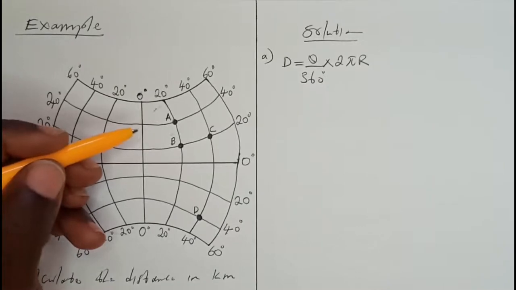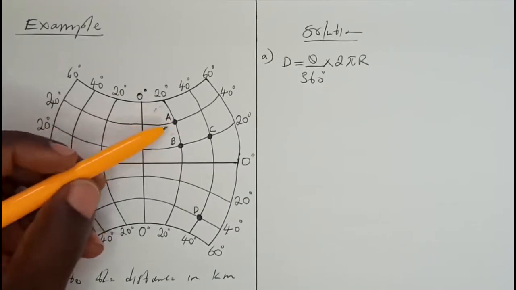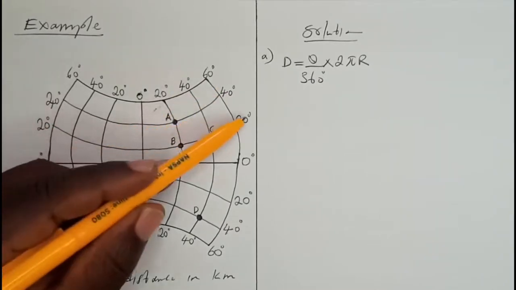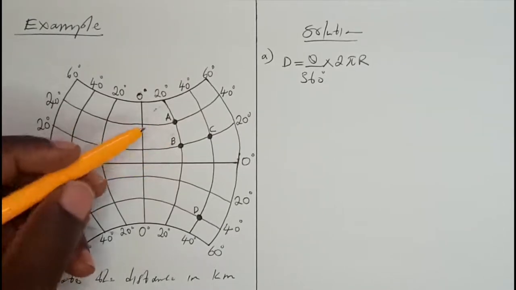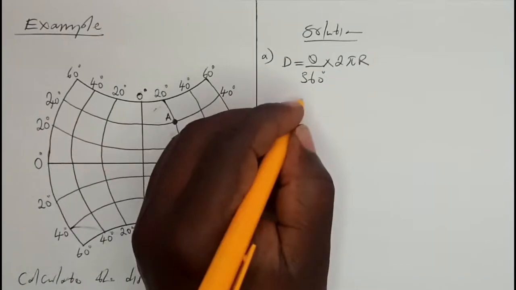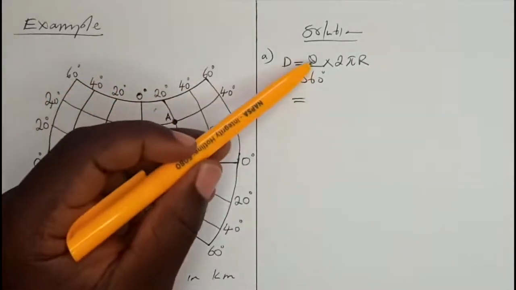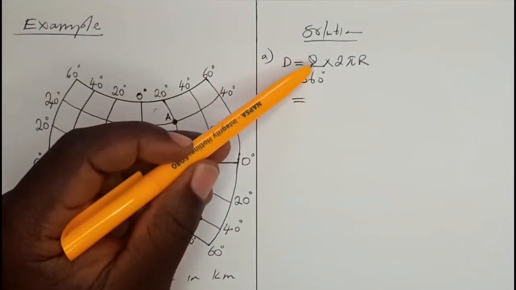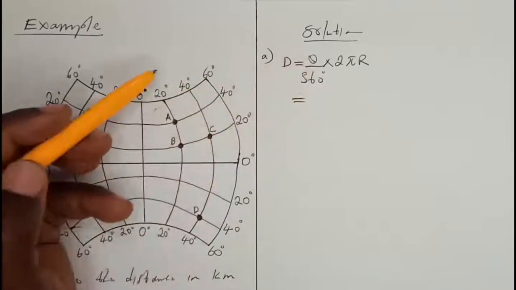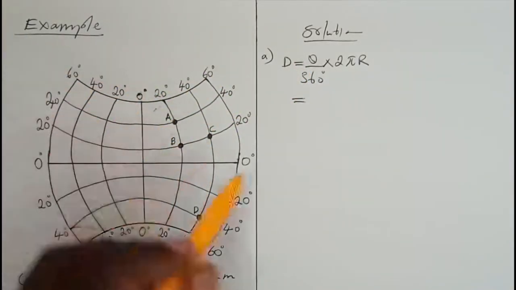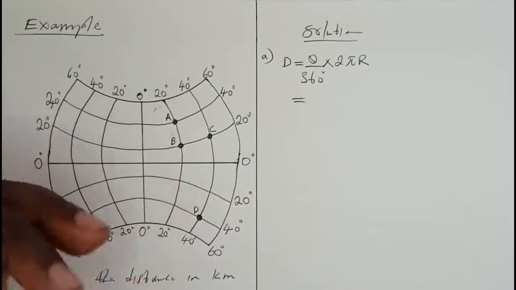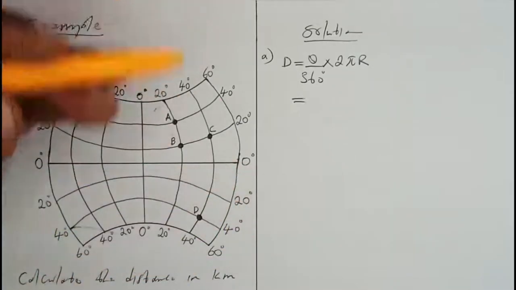So their difference in latitude will be 40 minus 20, and this will give us 20. So theta is their difference in latitude, and in this case they are found on the same side, north. This is the equator, and both are found on the northern part of the equator.